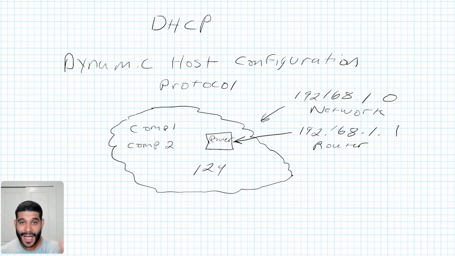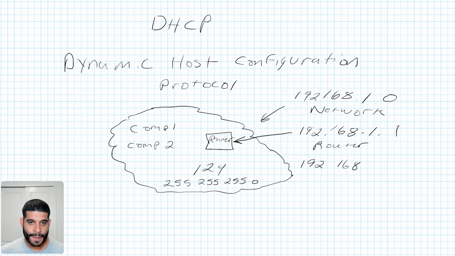And remember, if you watched the last video, I showed you how to translate that into a subnet mask. And the subnet mask is 255.255.255.0. Now, if we do the math on that, you realize that, of course, 192.168.1.2 all the way down to 254. These are IP addresses that we can give out to all these computers out on the network.